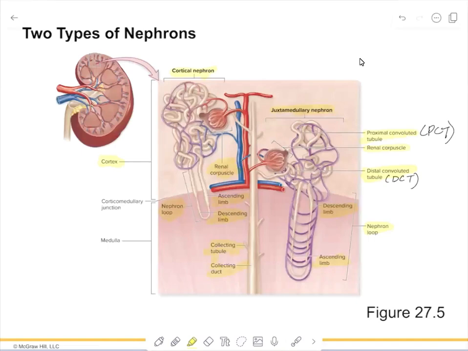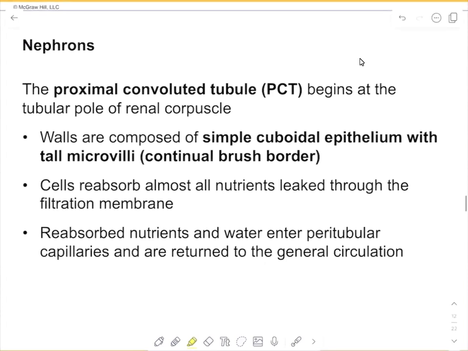So you should know the order of the different parts of the renal tubule.